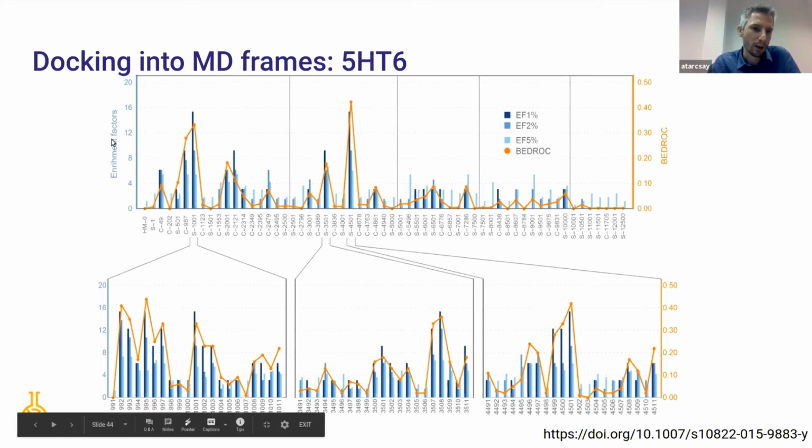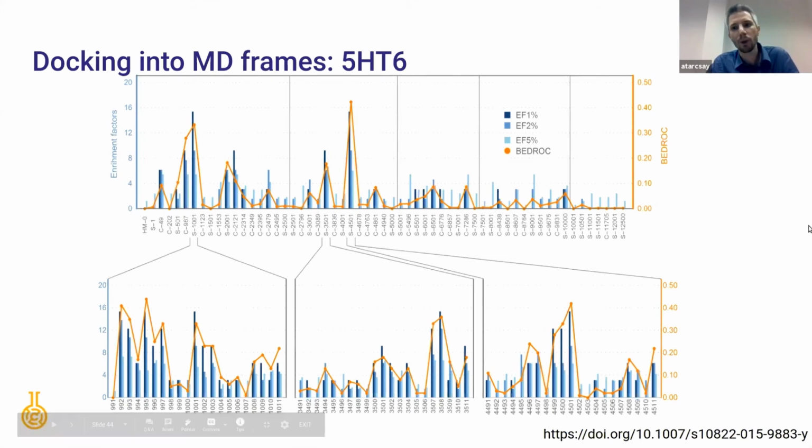And what I show you here is this enrichment factor. We did a molecular dynamics simulation of 5-HT6 receptors starting from a homology model, and we identified snapshots or frames from the MD run in a systematic method, that's the S, and with clustering, that's the C. And as you can see, the enrichment factor changes quite significantly.